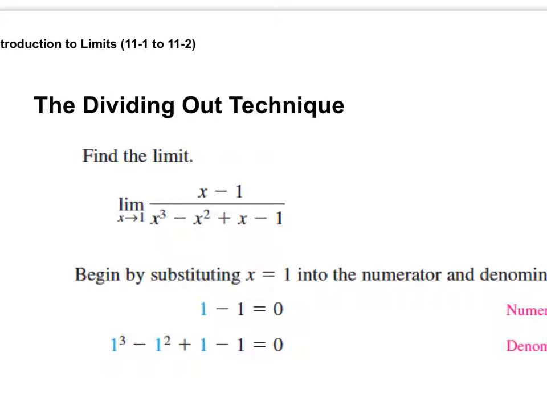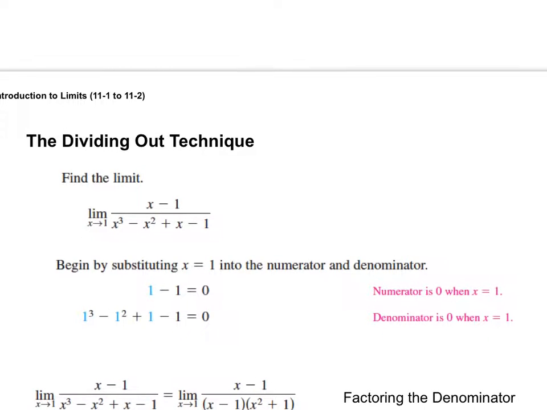The first natural attempt would be to simply plug in 1 and see what happens. Unfortunately, in this case, when we plug in 1 to the numerator and denominator, they both end up equaling 0. So we get the indeterminate form. And that means we've got some more work to do.